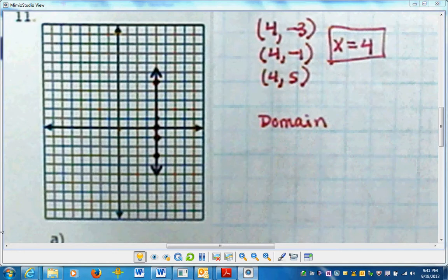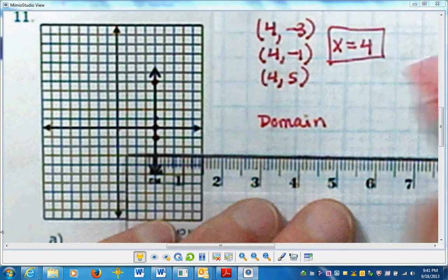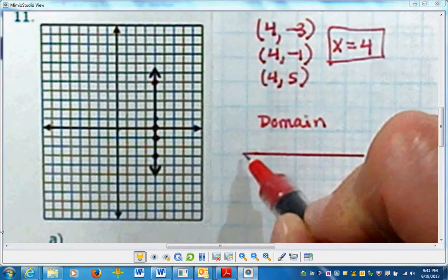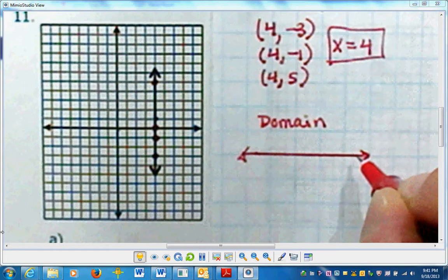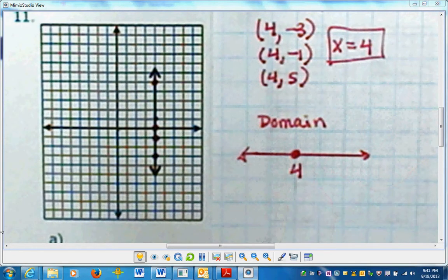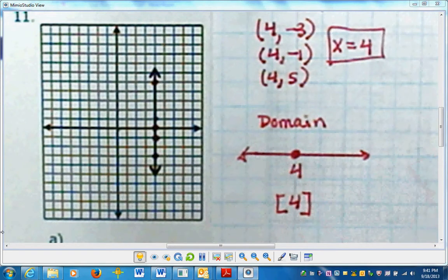So if I were going to draw a number line showing my x-axis, the only value I have on my x-axis is 4, which means in interval notation my domain is exactly 4. Don't have a choice.